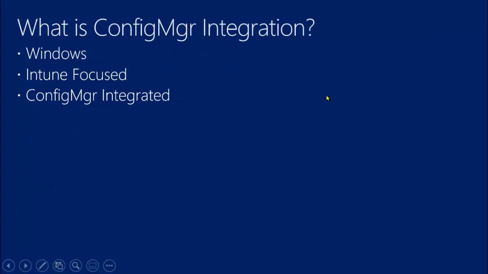All right, so what is ConfigMgr integration? Well, ConfigMgr integration, first of all, is all about Windows, right? So Intune manages Windows, iOS, macOS, Android. ConfigMgr really manages Windows devices, and so the integration between Configuration Manager and Intune will be applicable only to Windows devices.